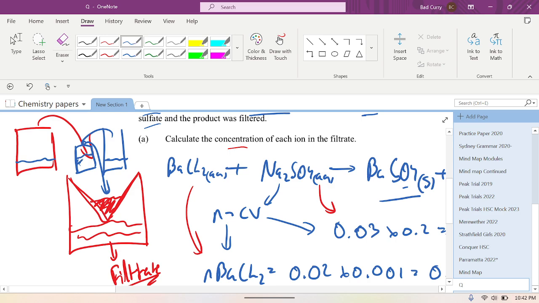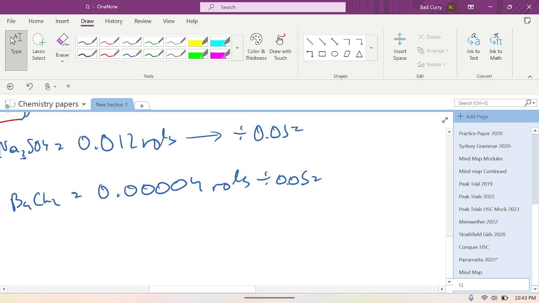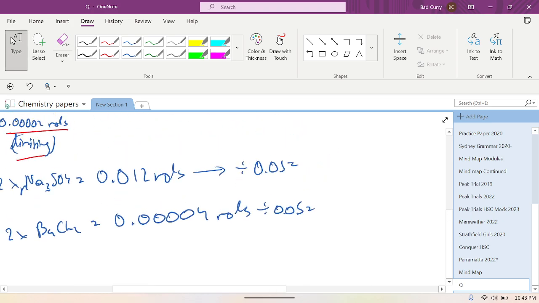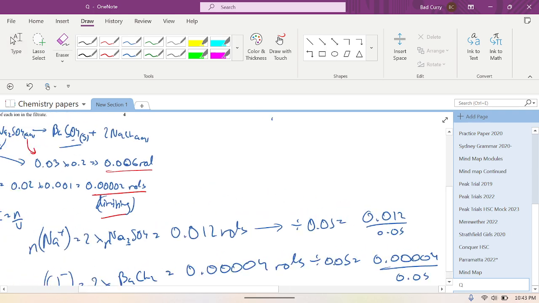So 30 plus 20 is going to give you 50 mL. That's why you have to divide by 50 now, because it's in a new solution and the concentration is diluted. And that's going to give you your answer. So your answer is going to be 0.012 over 0.05, and 0.00004 over 0.05. So it's going to give you your concentrations for your NaCl.